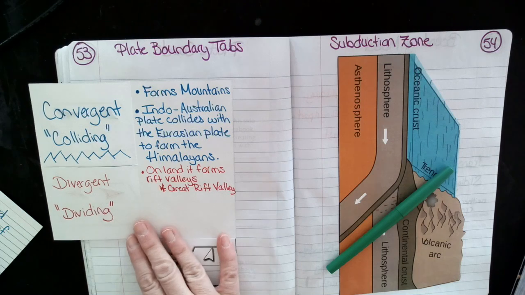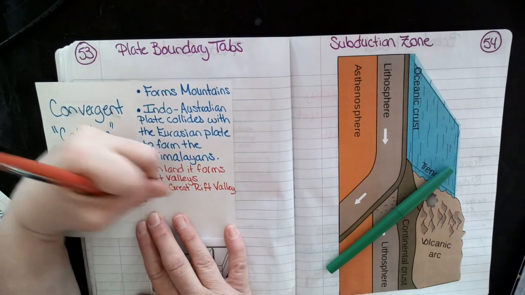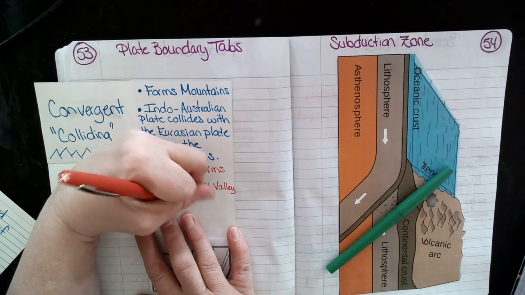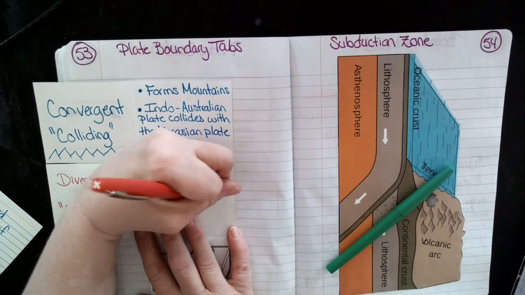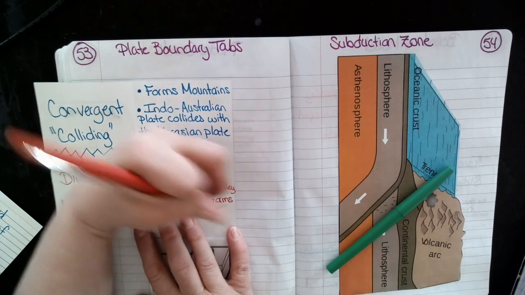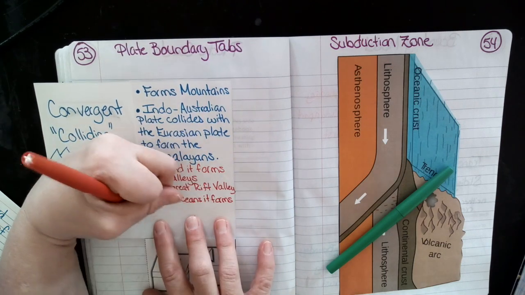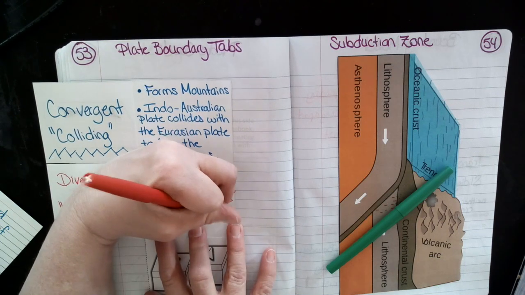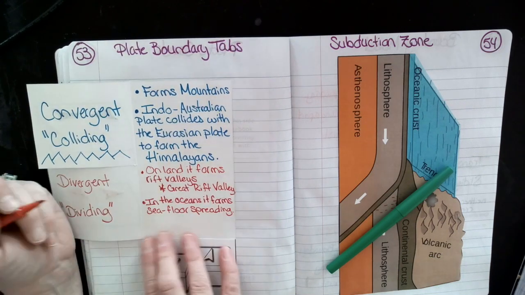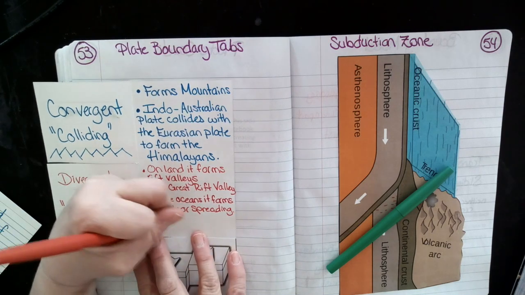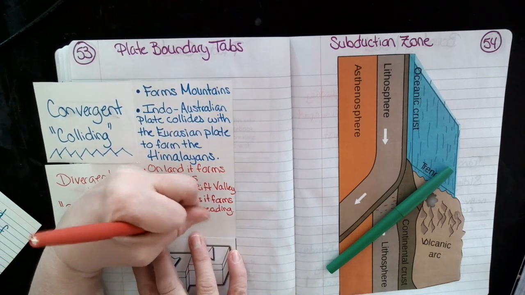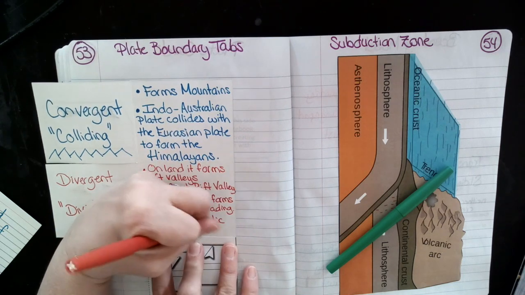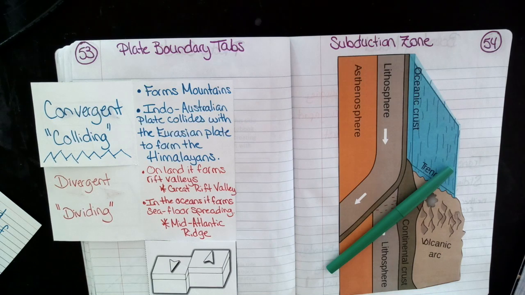But this one's in Africa. Okay, in the oceans, it forms, or does, I guess you could say, seafloor spreading. And that makes the Mid-Atlantic Ridge. Okay, there you go. There's dividing.